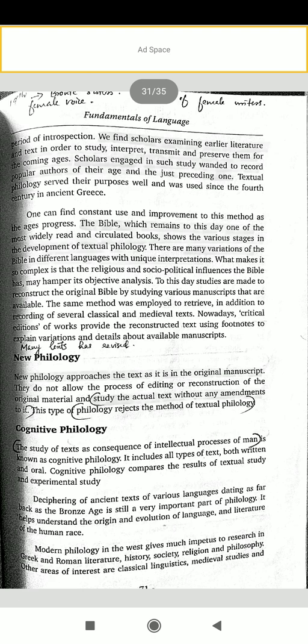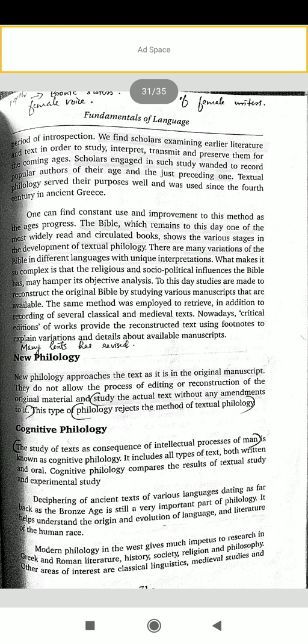So this is textual philology. When you are studying a particular language, you are examining the books written in that language from earlier days. One of the primary resources is the textbooks. So this is textual philology. Textual philology and new philology both depend on textbooks, but in new philology they study the actual text without any amendments.